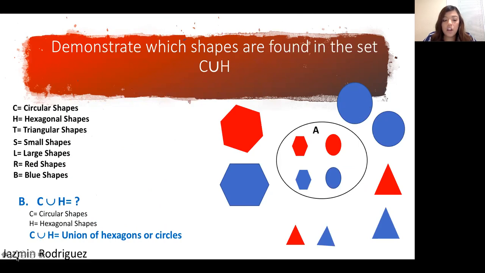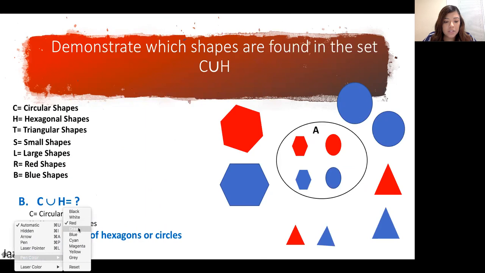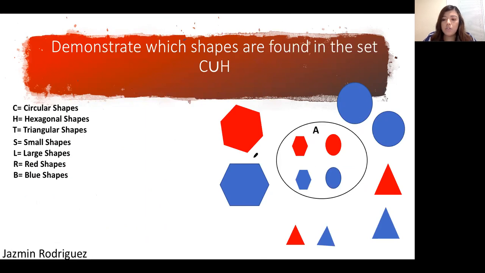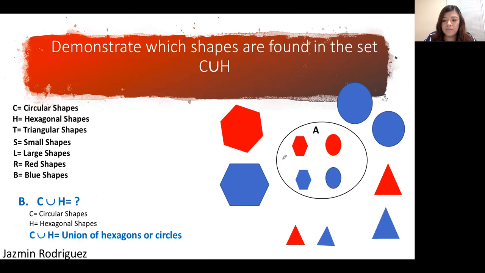So then we go ahead and go over to our Venn diagram. Let me get a pen so it's easier to see. And then when we do so, oopsie daisy. Let me go back here. There we go. When we do so, these are going to be our shapes that represent the union of hexagons or circles.